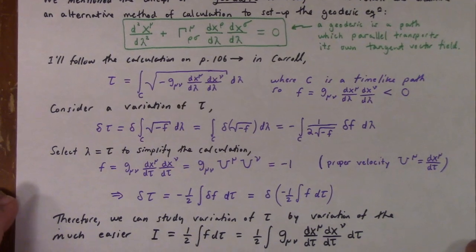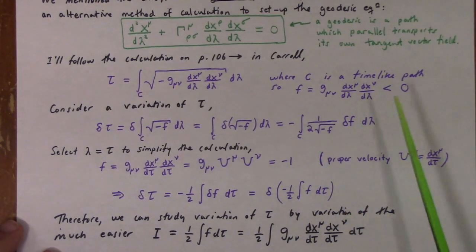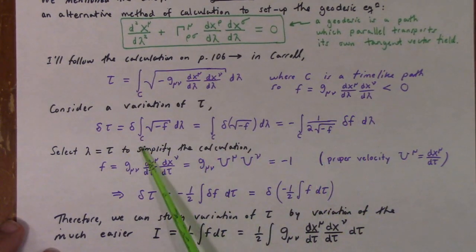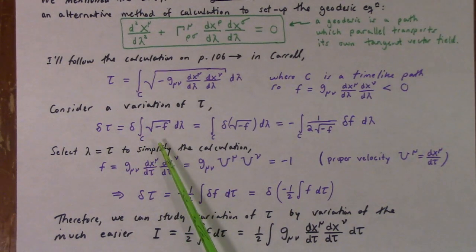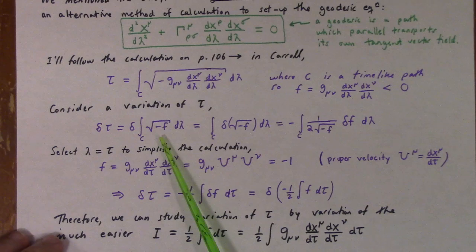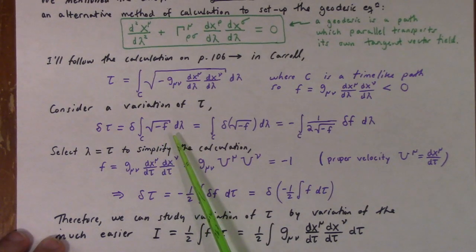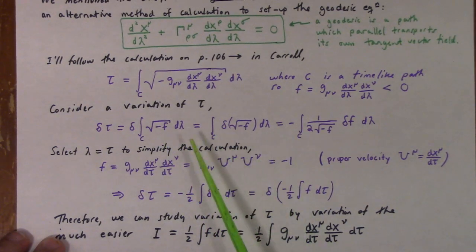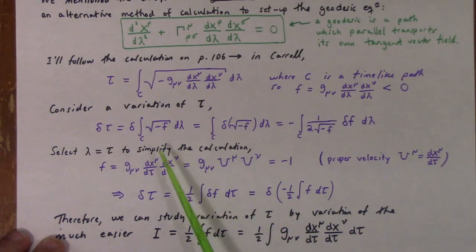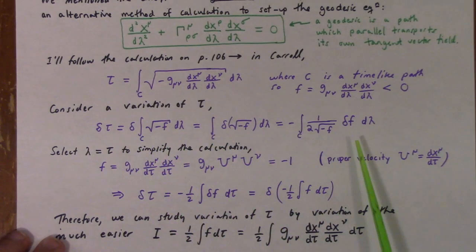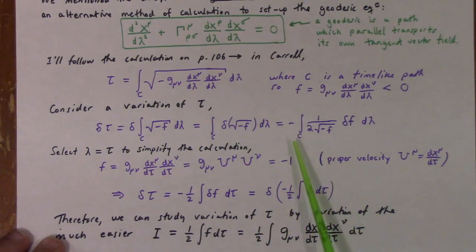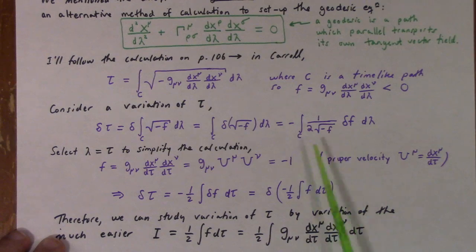His first order of business is to say, if we call this thing f, we're really looking at the variation of minus the square root of f, integrated over the parameter of the curve, which by the usual song and dance, the variation of the integral is the integral of the variation. Then by the chain rule, we've got 1 over twice the square root times the variation of f.